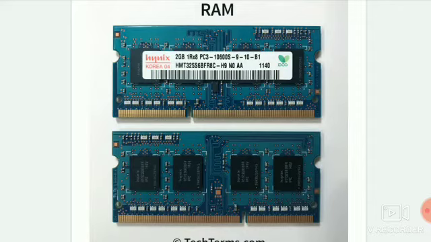RAM is volatile, which means it is available only while the computer is turned on. The contents of RAM must be copied to a storage device if we want to save the data in the RAM. If we do not copy the contents of RAM into a storage device, then we lose that data.